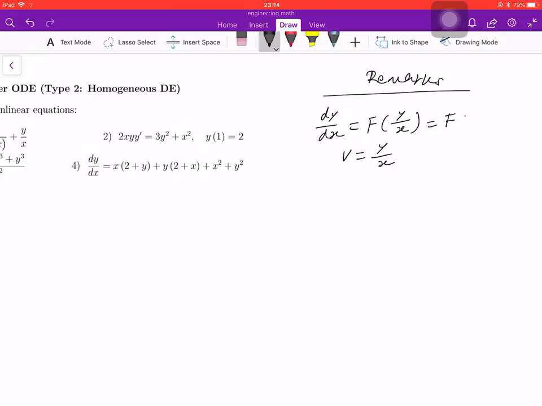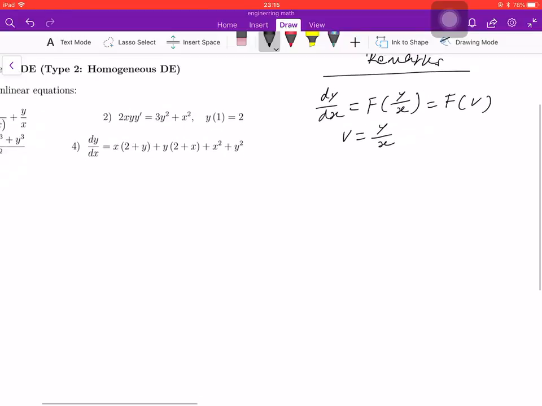Then we have a function f of v. That means we change the two variables y over x to the single variable v.